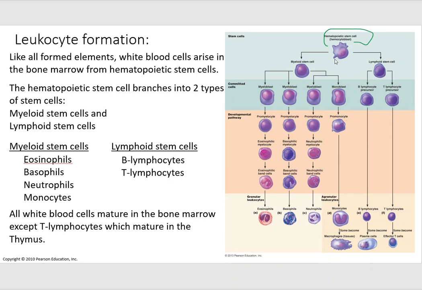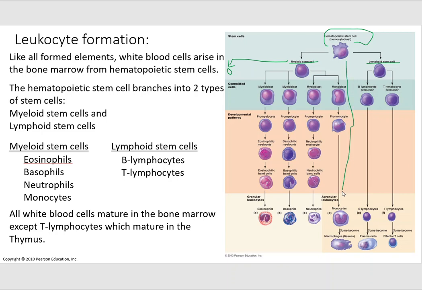Now, these guys can only go 2 ways depending on the chemical signals. They can become a lymphoid stem cell or they can become a myeloid stem cell. Now, we don't show this, but the myeloid is what gives rise to the erythrocytes. The proerythroblast is going to come off the myeloid stem cell. They're not showing it here because we're only talking about white cells.